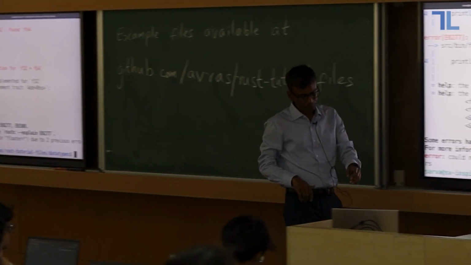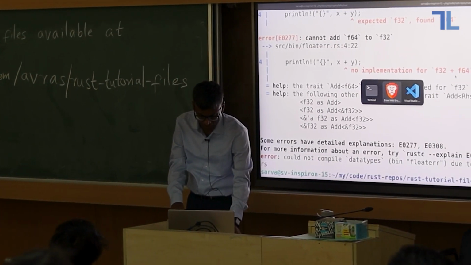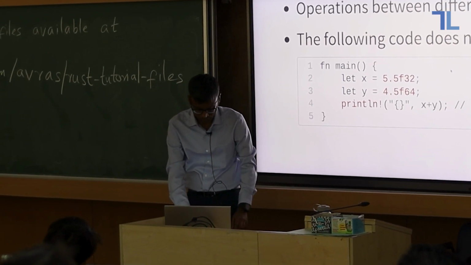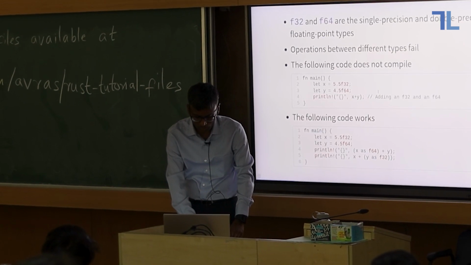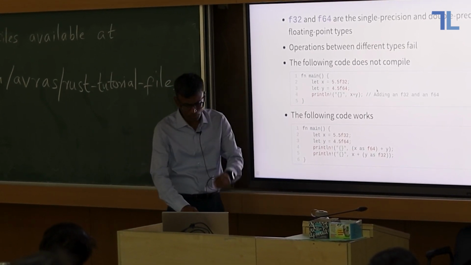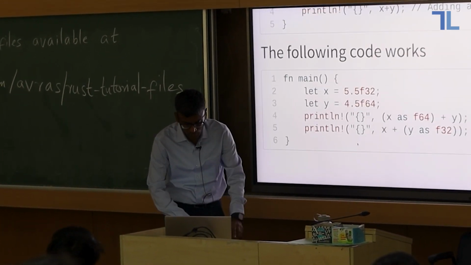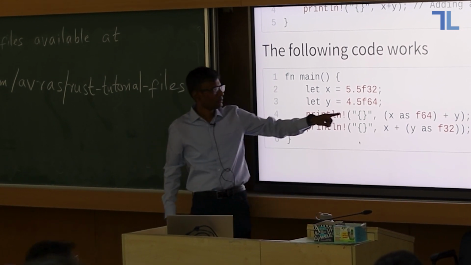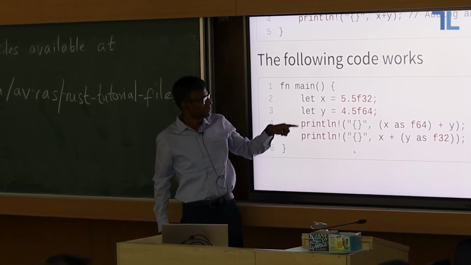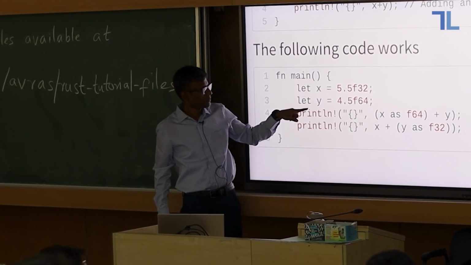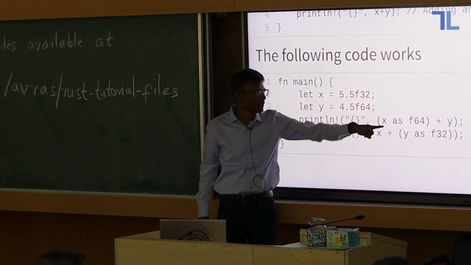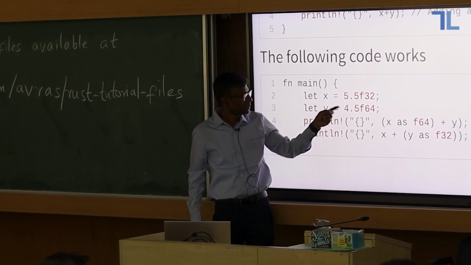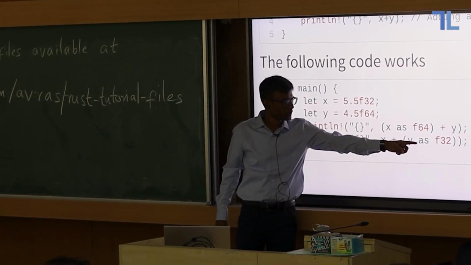So you can fix it by changing the types. Actually, you don't need to change the types. What you can do is use this as keyword. Here, what I'm doing is saying interpret x as a 64-bit floating point and then add it to y. This will pass. Or interpret y as a 32-bit floating point.